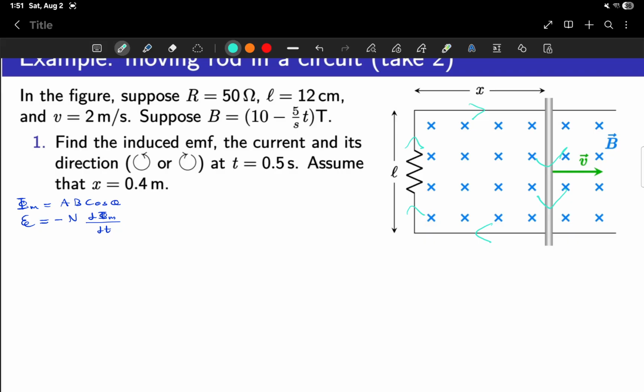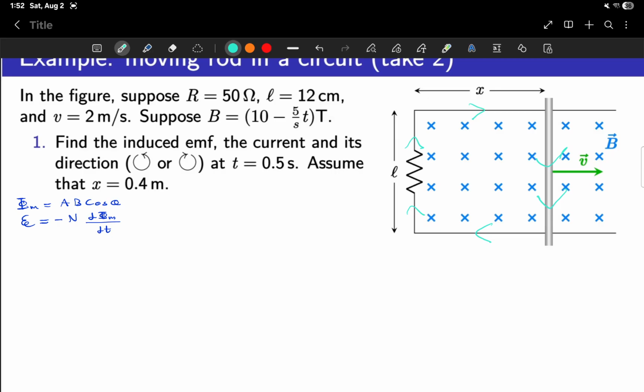If it was just the magnetic field that was decreasing, and not the area, with the area and the angle staying the same, then basically the current would try to strengthen the magnetic field.